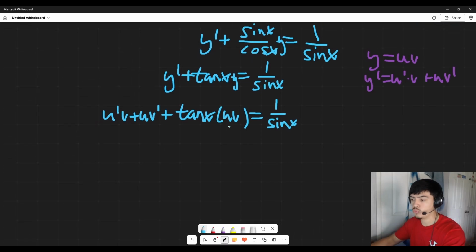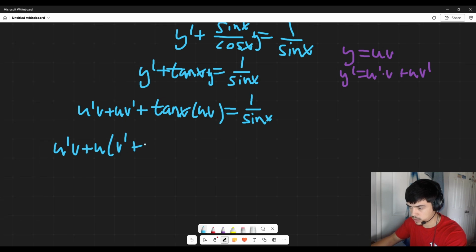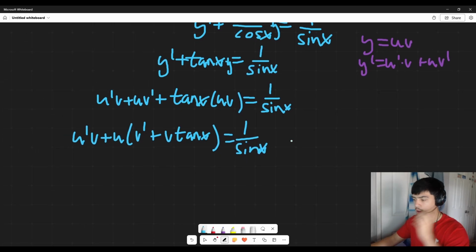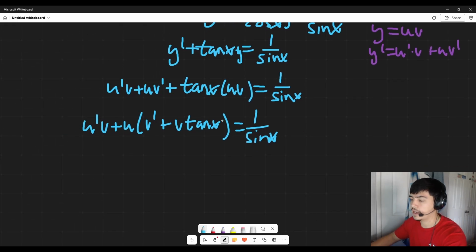Remember, like the last example, we factored out a u from this second term and this third term, which now gives us u prime times v plus u, in parentheses, since we're factoring it out, v prime plus v times tangent x, equaling the same 1 over sine x.